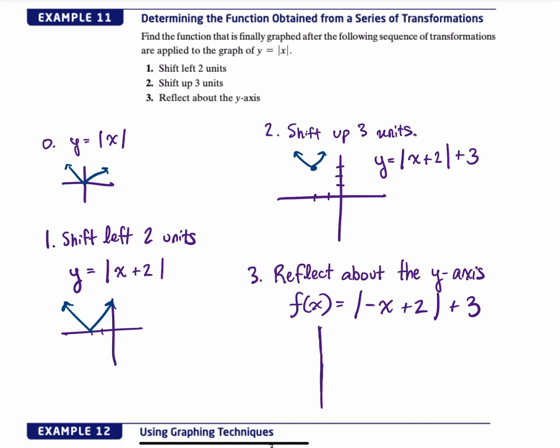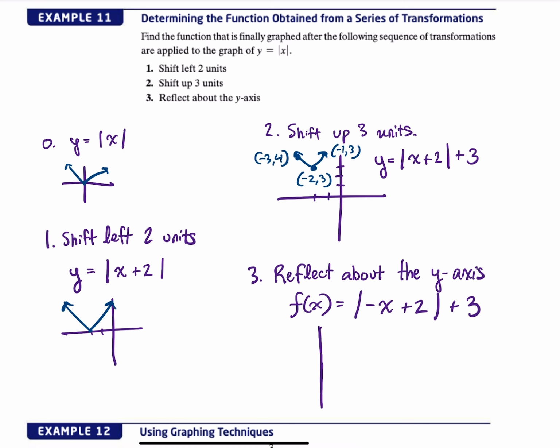So reflecting across the y-axis. So maybe I should label a couple points here. This was the point -2, +3, because we went left 2 units, up 3 units. So that means we should have another point here at -3, +4, to the left 1, up 1. And then same thing on the right side, -1, +3.